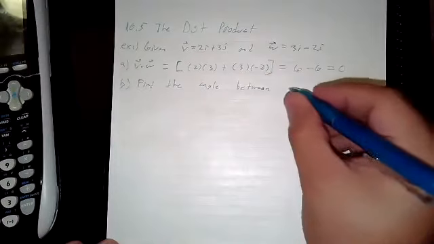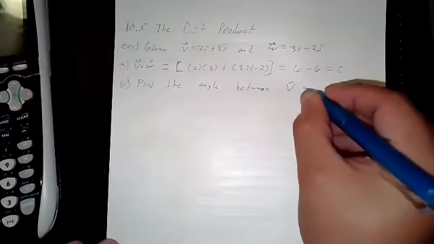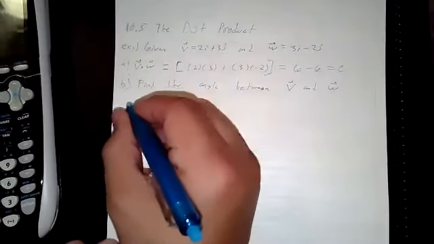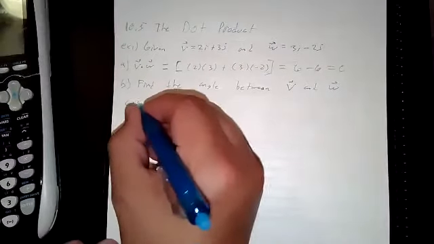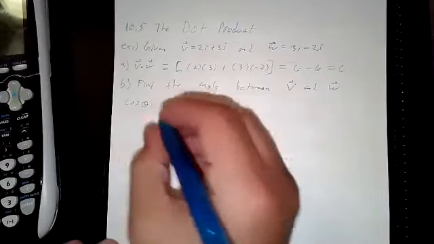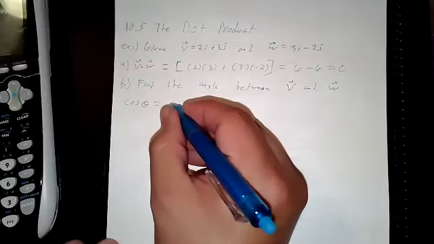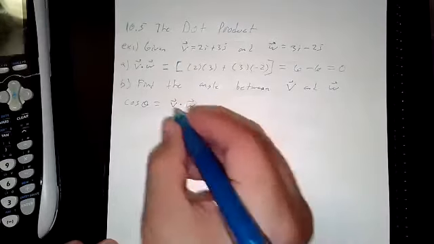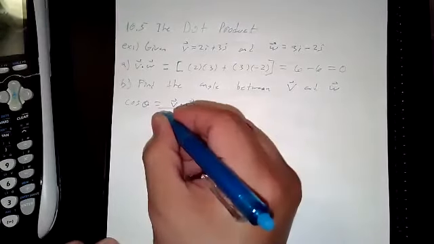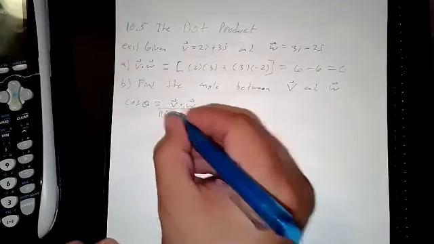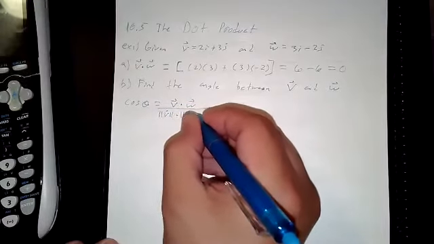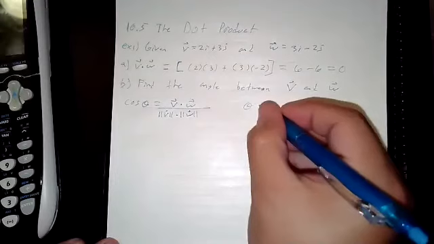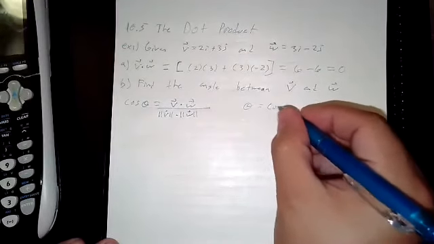To find the angle between v and w, the definition that we can use to help us out is cosine theta is equal to this formula here: the dot product of v and w divided by their respective magnitudes. Theta would equal just the inverse of this, right?